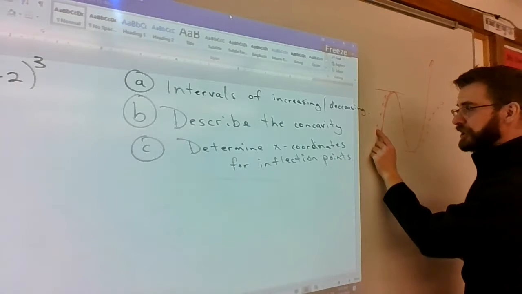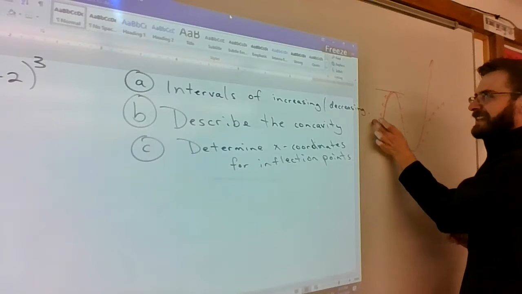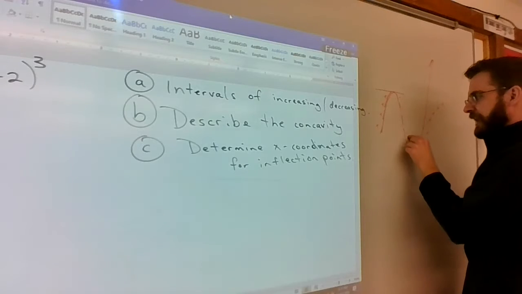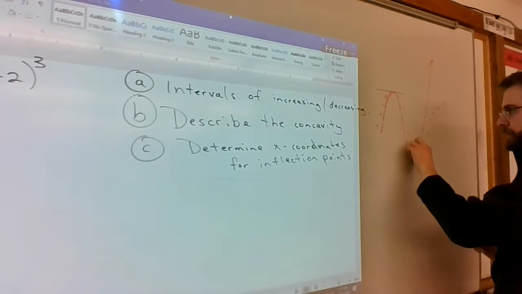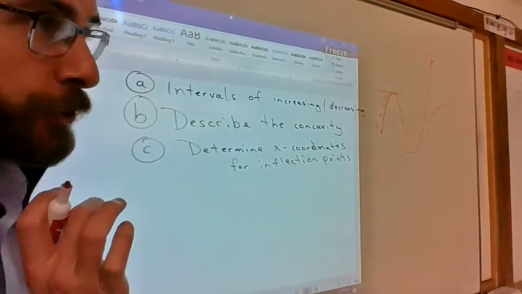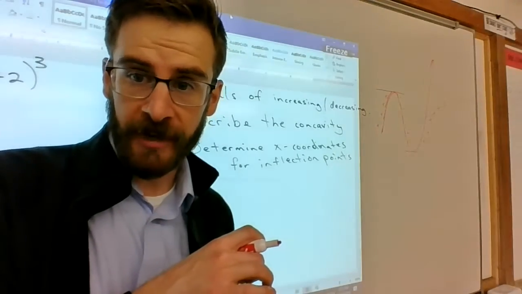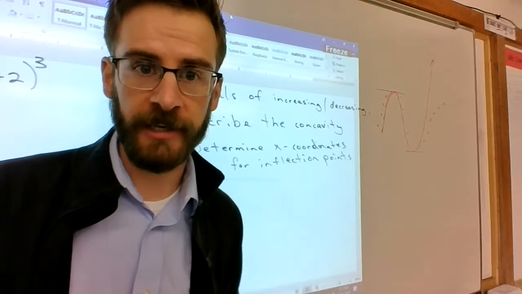So when the tangent line slopes are positive, the function is climbing in its y value. When the slopes of the tangent lines are all negative, it's declining in its y value. So, if I were to take the derivative and determine whether or not the derivative is positive or negative, then what I can do is talk about intervals of increasing and decreasing.